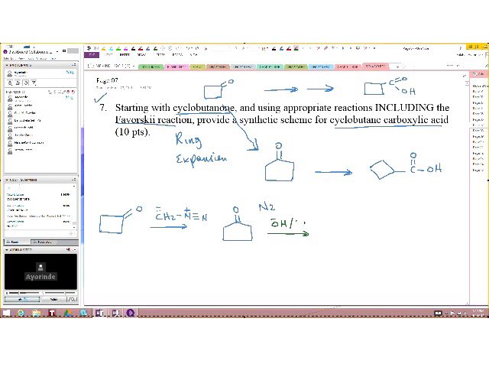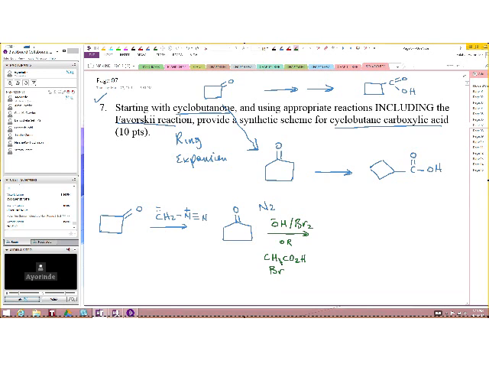You could use hydroxide in base, or you could also use acetic acid. Also hydroxide with bromine, or acetic acid with bromine.